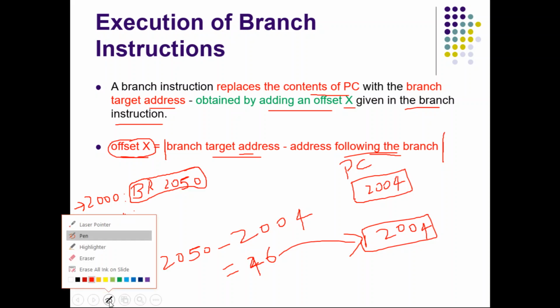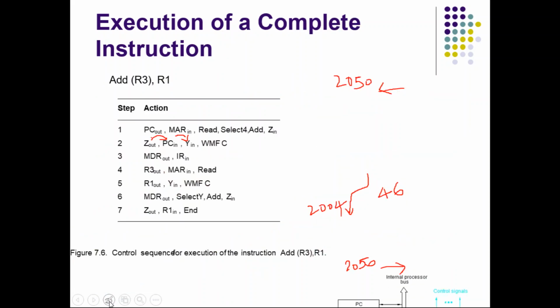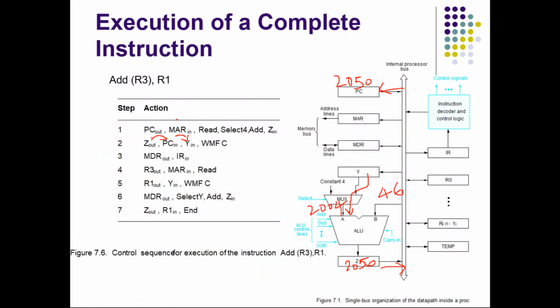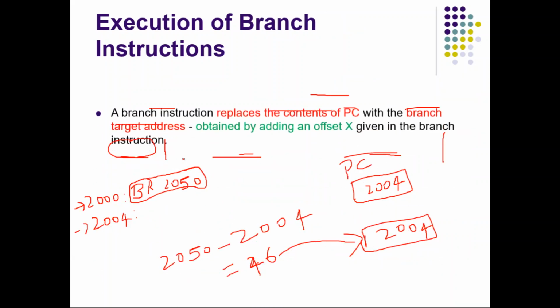So in that context we need Y. Every time you move the next address to PC in, you also move it to Y in, because we don't know whether it is a branch instruction or not. If it is a branch instruction, then we use Y in. For that purpose we use it.